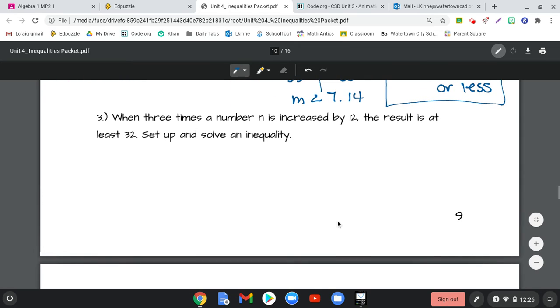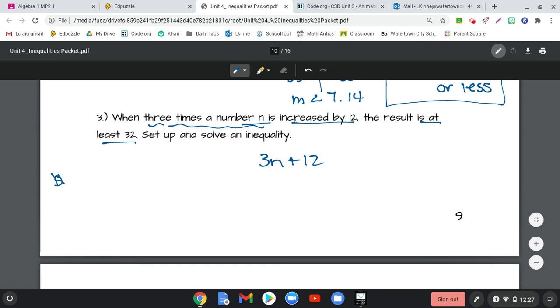All right, number 3. When 3 times a number n, so it told us the variable, is increased by 12, the result is at least 32. Set up and solve an inequality. Well, that's pretty straightforward. 3 times the number n, increased by 12. The result is at least 32.